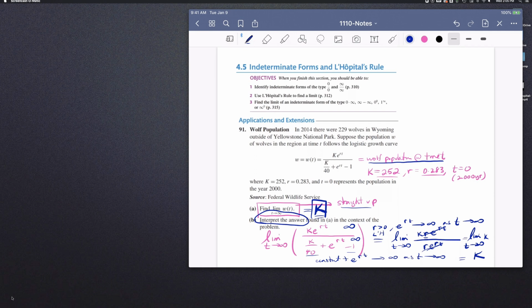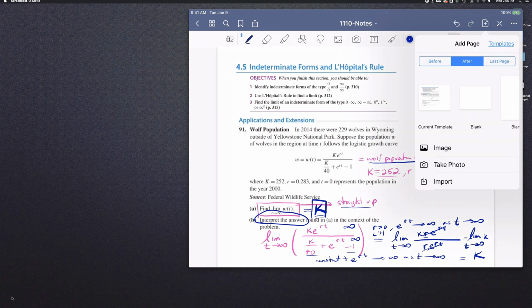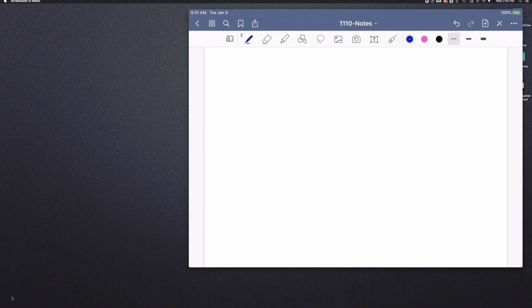Let's add a page below now. We could have looked at this problem, the limit as time goes to infinity of k e to the rt divided by k over 40 plus e to the rt minus 1. Just before jumping right into L'Hopital's rule, we could have tried a little bit of algebra, factoring out the e to the rt.